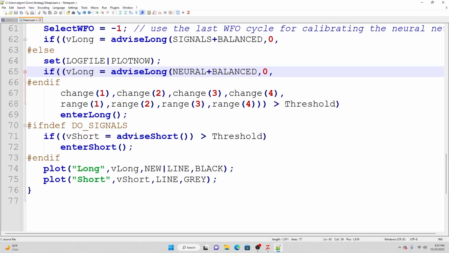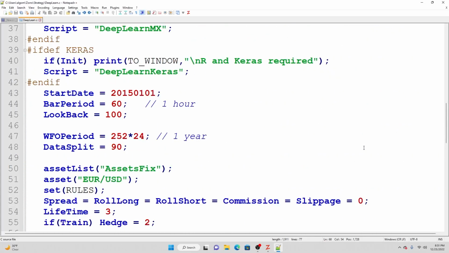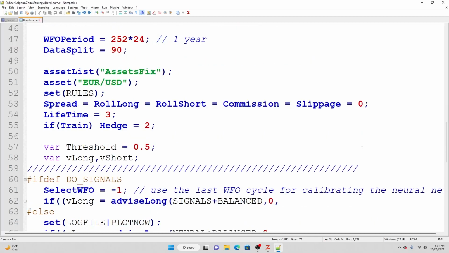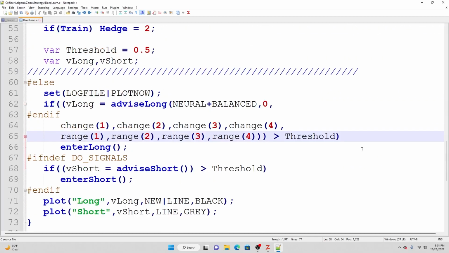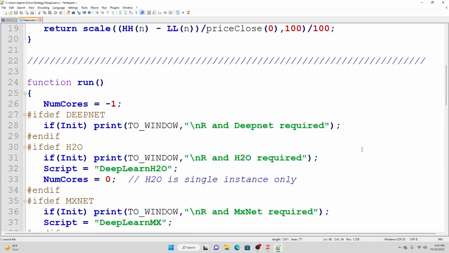Now, we're going to get back a number. If that number is higher than a variable called threshold, we go long. If not, then we go short. So where is that value defined? It must be defined somewhere. Threshold.